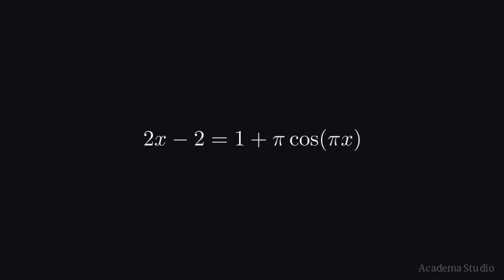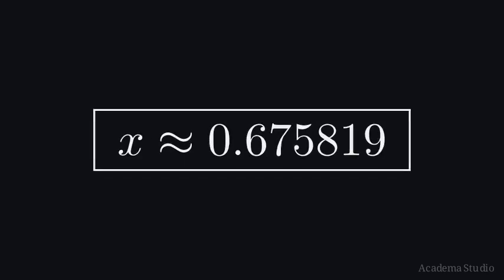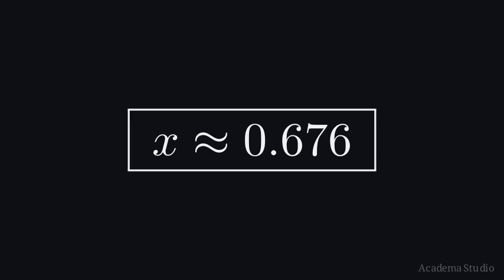Using a calculator, solve the equation 2x minus 2 equals 1 plus pi cosine of pi x on the interval 0 less than x less than 1. The calculator gives x approximately 0.675819. Rounded to 3 decimal places, x equals 0.676. Let us check the meaning of this answer.